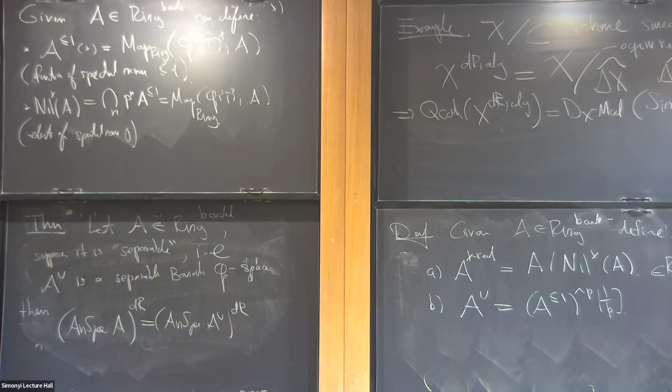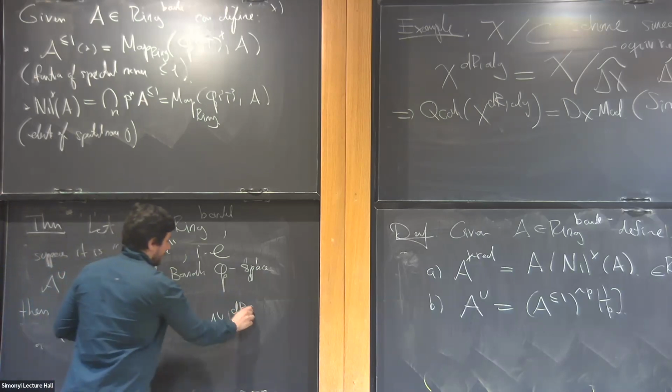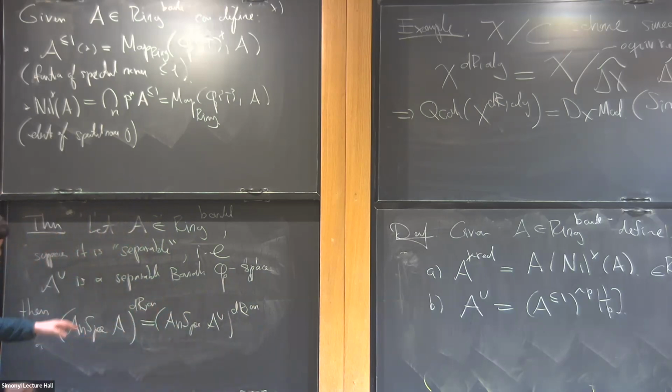So, in other words, it tells you that this process of passing to the analytic de Rham stack completes your rings for free. In this explicit sense, passing to the de Rham stack is independent of uniform completions. So it's actually very powerful.